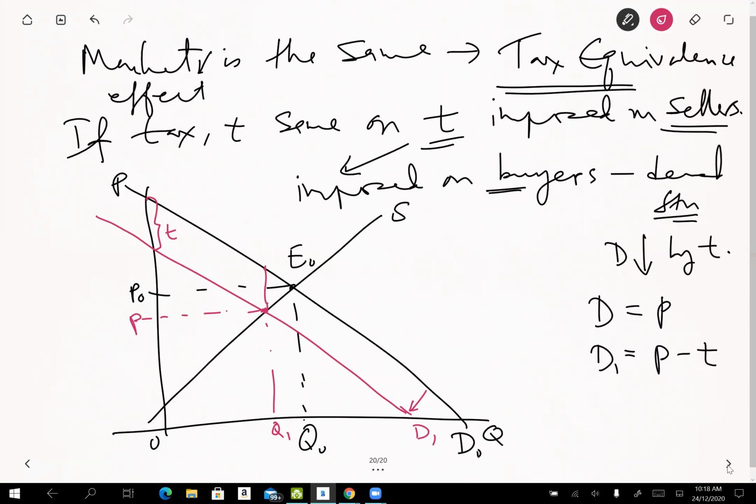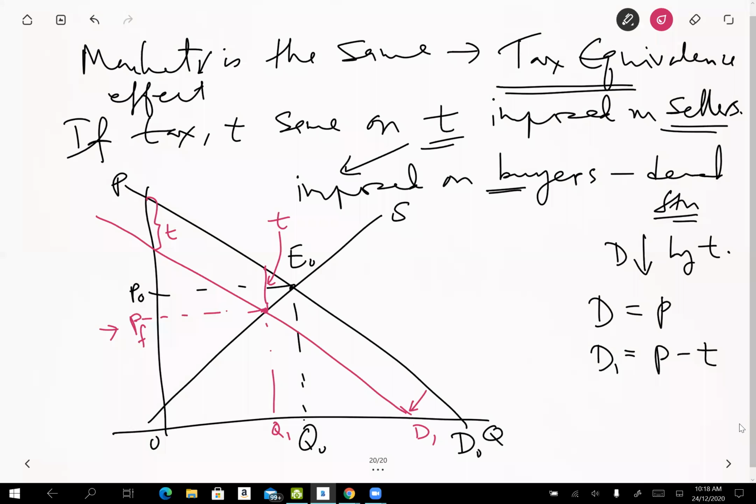So whose price is that? Is that the price for the consumers, or the price the firms will get? That's the price for the firm. So this is the price of the firm, P2.